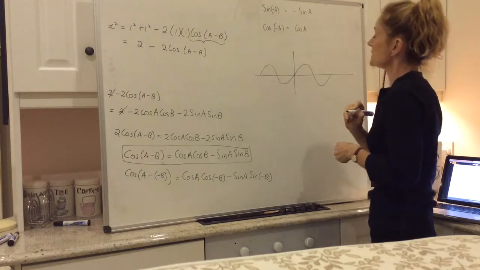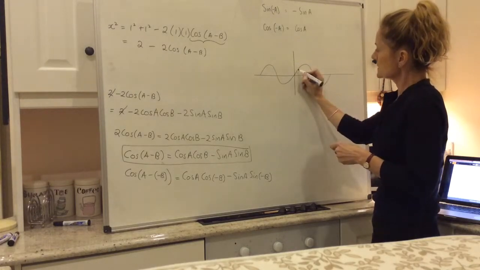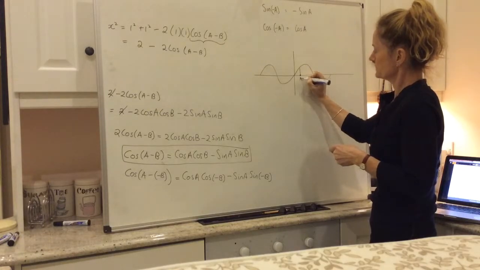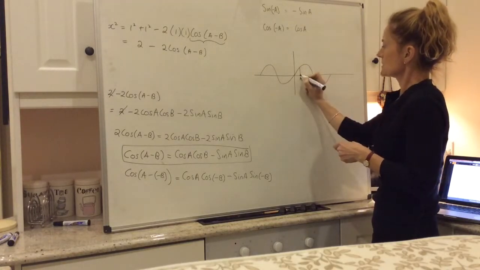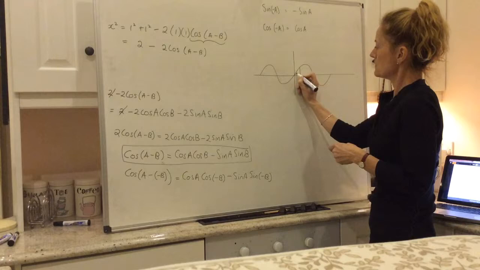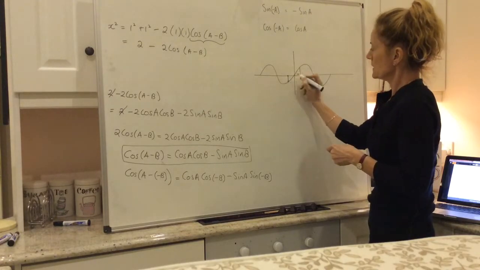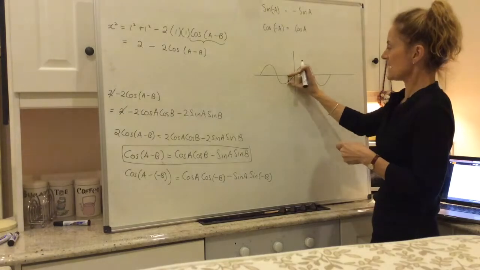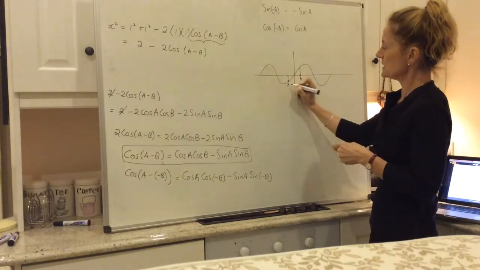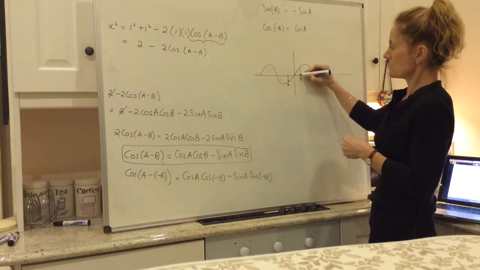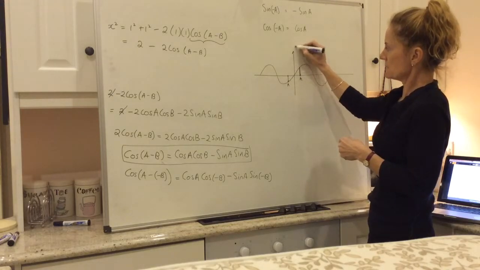Let A be any angle, so if this is A here, then we want to know the sine of minus A. So we go exactly the same distance the other way. Since the sine is symmetrical, it's exactly the same distance, but you can see that it is minus the sine of A.